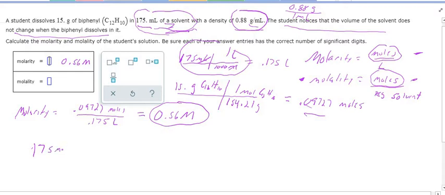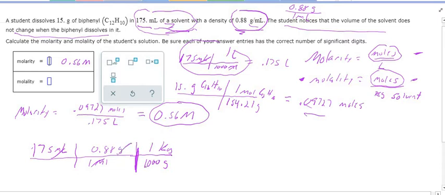So 175 milliliters is what I'm given. Based on the density, I know that in 1 milliliter there are 0.88 grams of the solvent, and I know that there are 1,000 grams in 1 kilogram. So my units will cancel here. This is a true statement because I get the density from the problem.